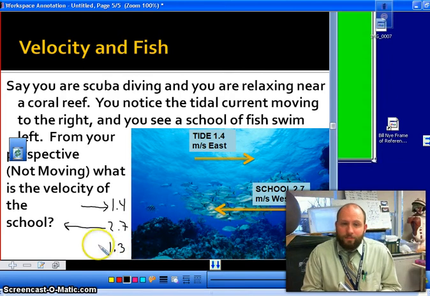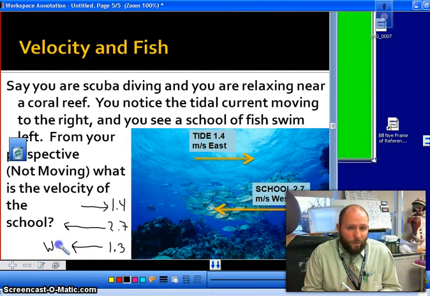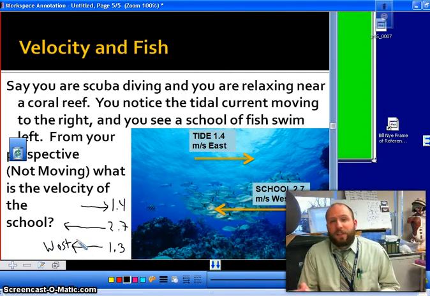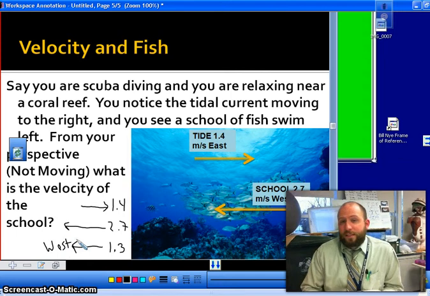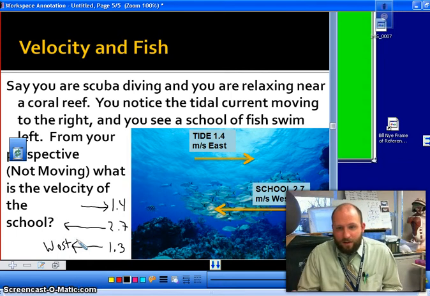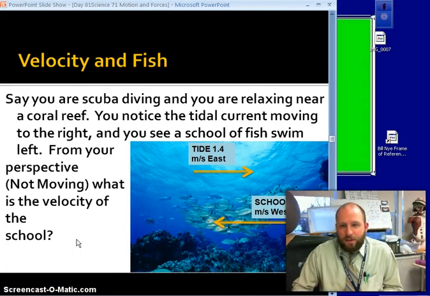And what's the direction? 1.3 meters per second, and this here is to the left, or in this case here, west. So that is our velocity. Hopefully you guys got something very similar. The big thing here is we need to account for both the tide flow as well as the speed of the school. Cool. Let's press on.